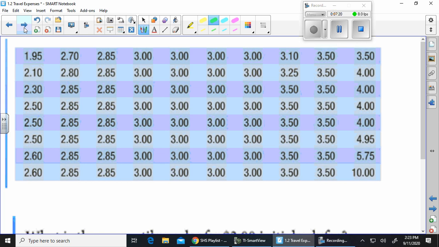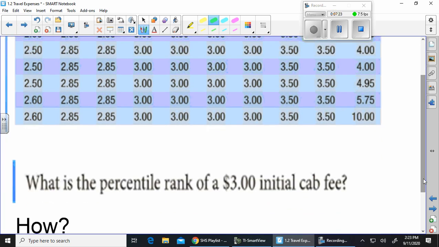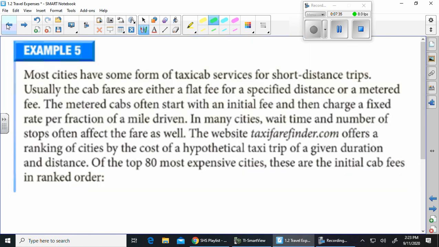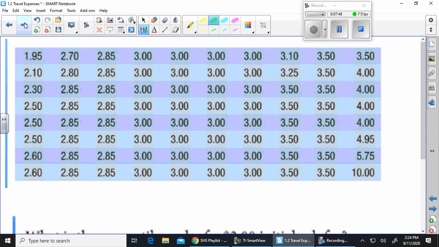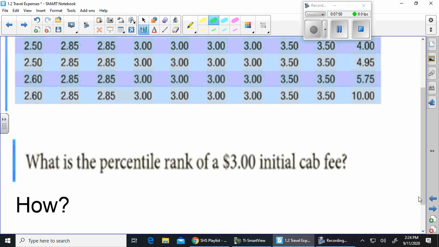So if I ask you, what is the percentile rank of a $3 initial cab fee? We go back, percentile rank, what I had highlighted is the percentage of numbers that fall at or below a given number. So I'm looking for the percent of the numbers that are below or at 3.